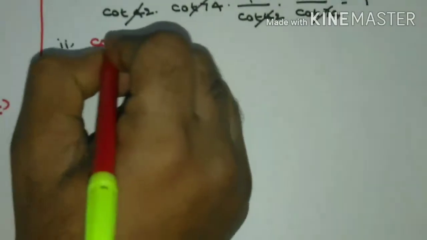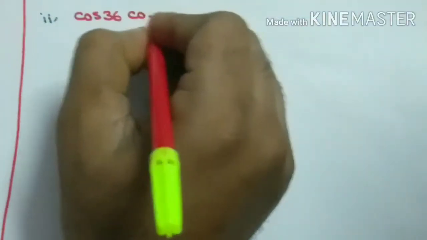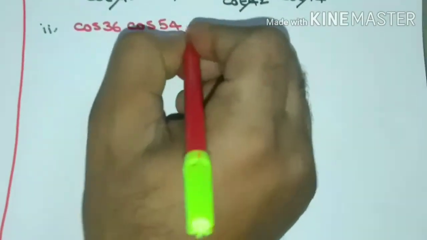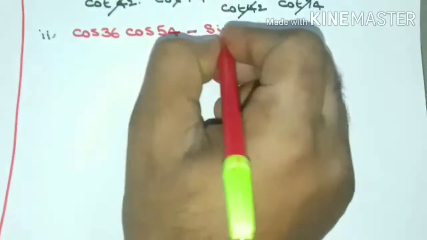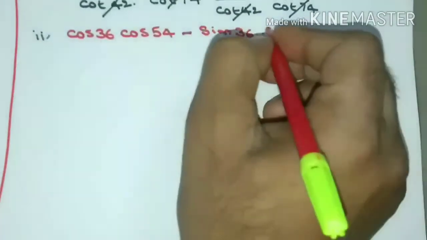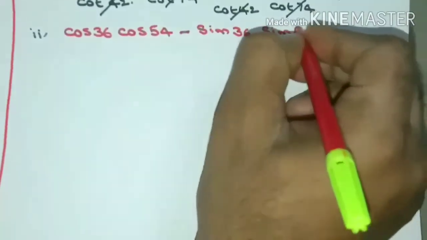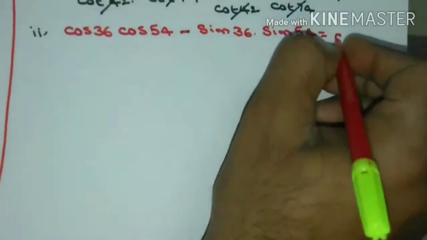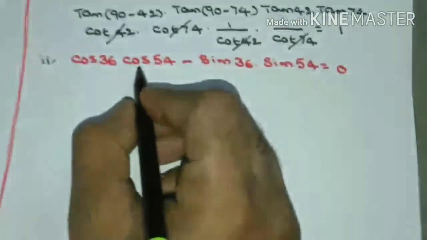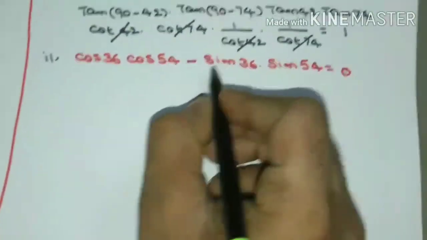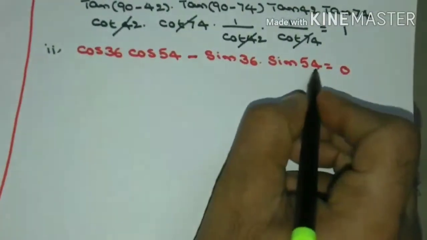Cos 36 cos 54 minus sin 36 into sin 54 equals 0. Show that. Now the same concept.